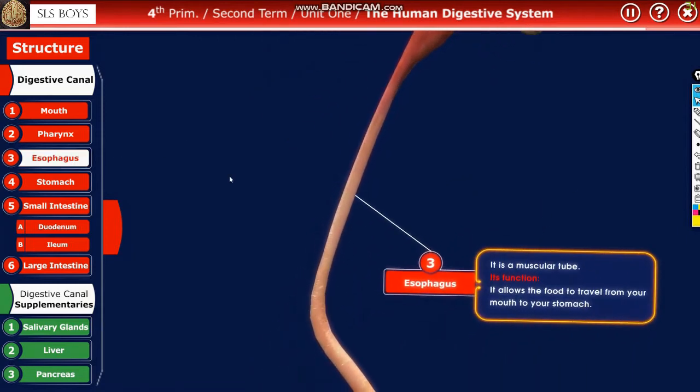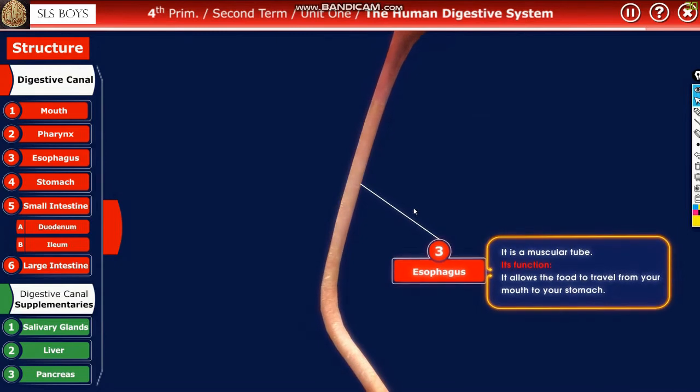Next, we have the esophagus, which is a muscular tube, and its function is to allow food to travel from the mouth to your stomach. So it allows food to pass from the pharynx to your stomach.